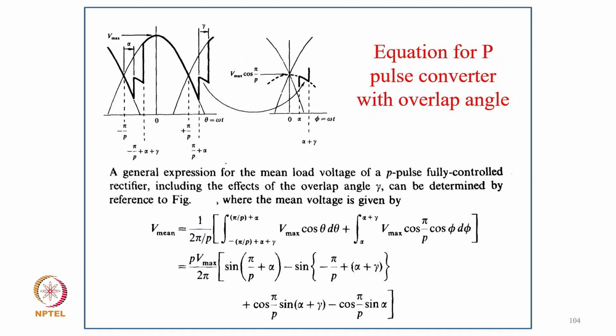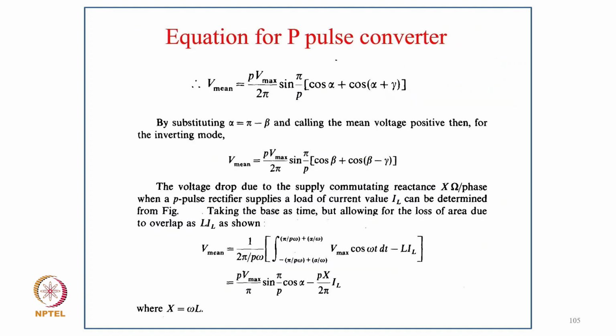That becomes P V max upon 2 pi, sin pi by P, in bracket cos alpha minus cos alpha plus gamma.